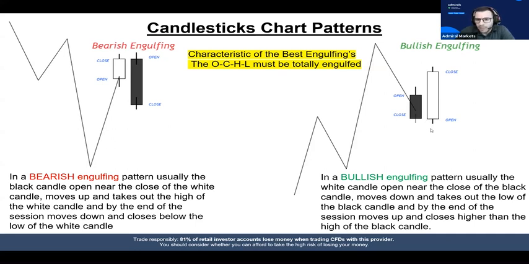And then by the end of this session, by the end of this day, the buyers step in and push the price, and they close higher than the high of the previous candle. So this candle is totally engulfed by this bullish candle. So we have a bullish engulfing, and here we have a bearish engulfing.